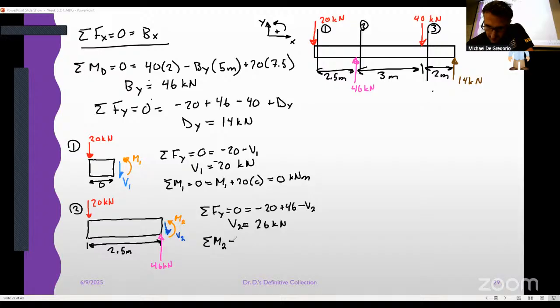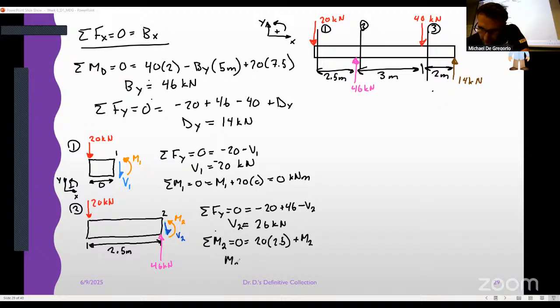Sum of the moment at point 2. Well, 46 kilonewtons is happening at point 2, right? Remember, we cut here. I'll show it on here. That's 2. That's 1. So really, we just have to worry about the 20 kilonewtons for our moment. 20 kilonewtons is going to give us a positive moment. It's 20 times 2.5 meters away, plus M2.